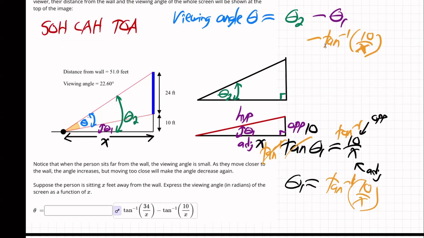Right there, right angle. So this is the opposite side again. This is the hypotenuse. This is the adjacent. And again, the adjacent is 10, because, no, it's not 10. It's x.